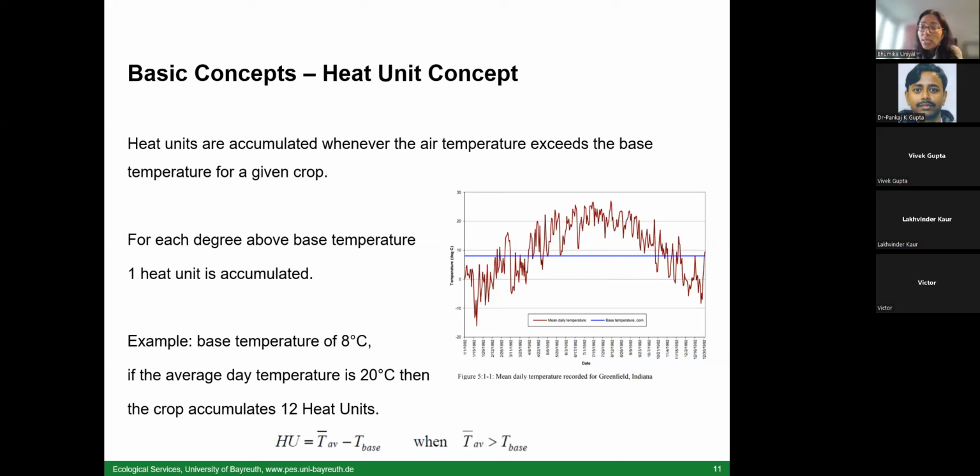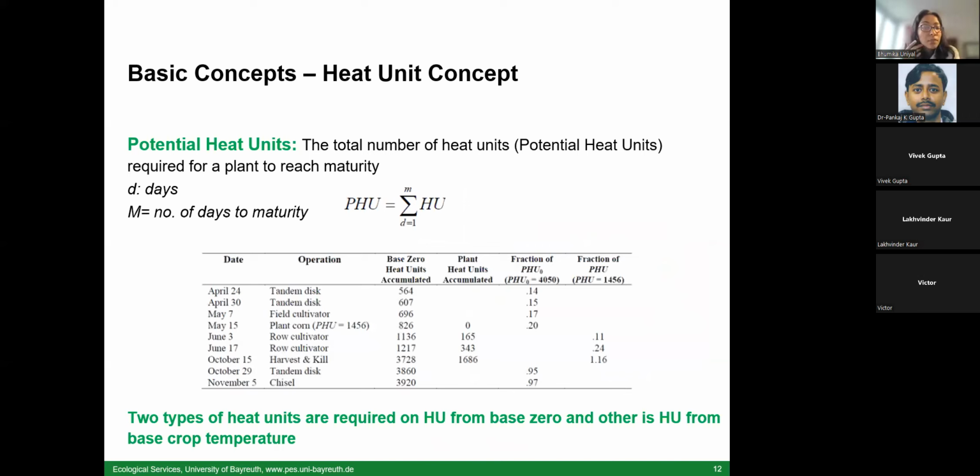It accumulates the heat units, and based on the heat units, leaf area index and then the biomass are calculated. So the model uses potential heat units.